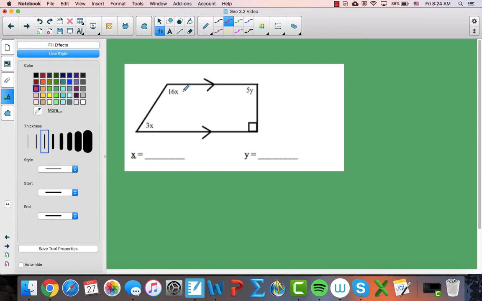Hopefully what you saw is that 16x and 3x are same side interior angles. So you wrote an equation, 16x plus 3x equals 180 degrees. 16 and 3 is 19x equals 180. And then you divide by 19. So how many times does 19 go into 180? Let's see. Maybe 8 times. 8 times 9 is 72.